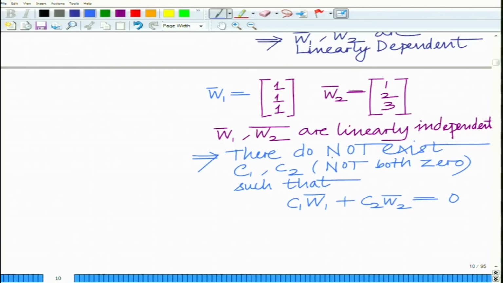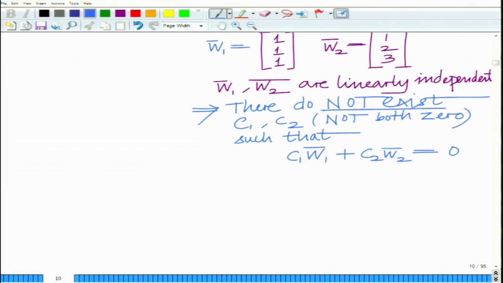Okay, they do not exist, these weights such that the linear combination is 0. So basically this is the concept of linear dependence and linear independence of a set of vectors.